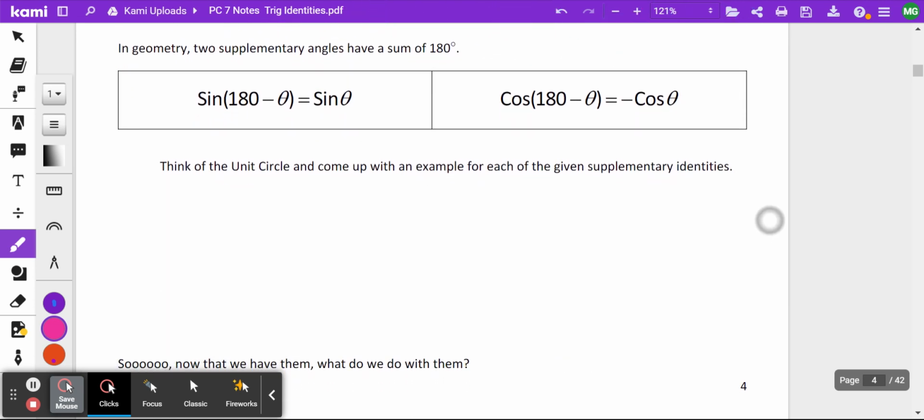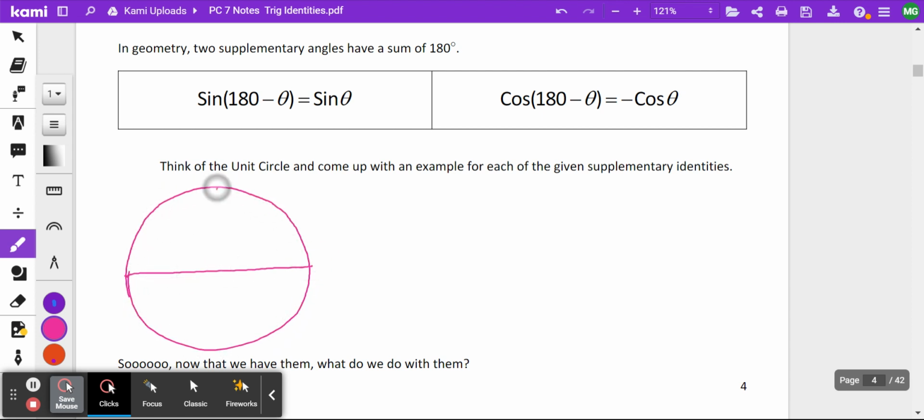Next, we have supplementary identities. So looking at this one, the sine of 180 minus an angle is equal to the sine of that angle. And similarly, the cosine of 180 minus an angle is equal to the negative or the opposite of the cosine of that angle. So let's think about our unit circle again. Can never stop thinking about our unit circle.